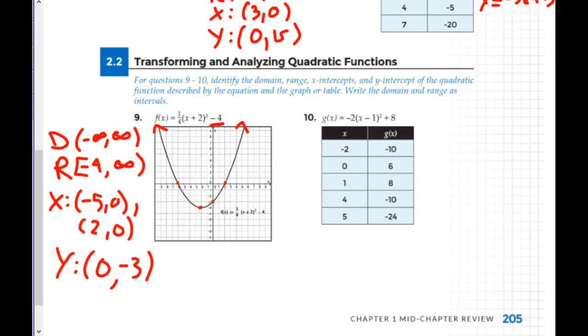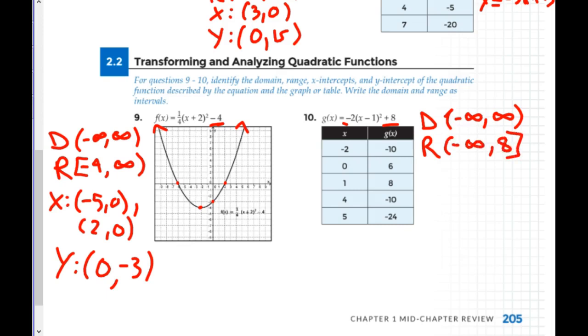Okay, can we take this table and, well, we have the equation. Alright, so the domain is always negative infinity to positive infinity. It goes left and right forever. But the range starts at 8, but since it was flipped over, it goes down forever to negative infinity up to 8.